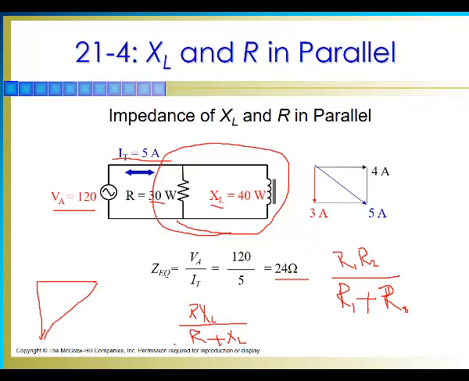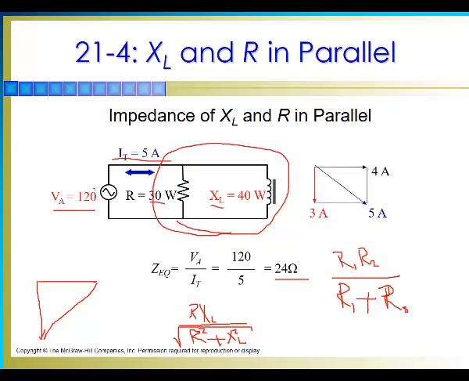So I will have to take the square root of this square plus that square. That will be the equivalent impedance for this parallel circuit. That would be the other way of doing it.